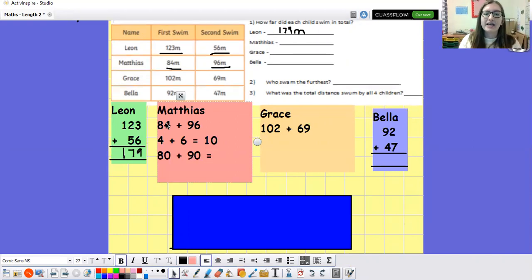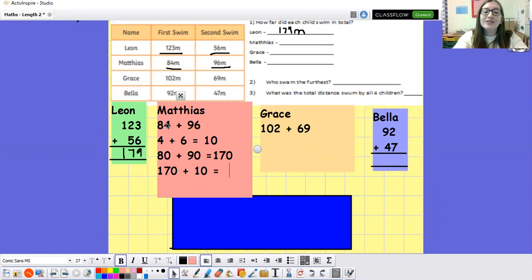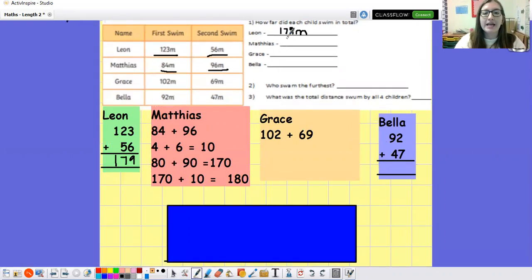We can count on, so we could go 80, 90, 100, 110, 120, 130, 140, 150, 160, 170. And then take both of those and add them together. 170 add 10 equals 180. So Matthias, he swam 180 metres.